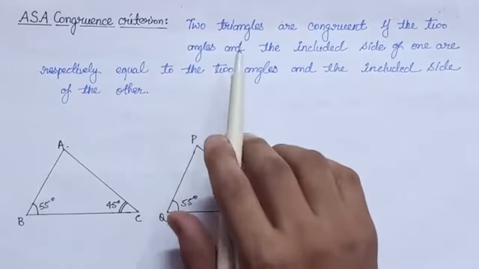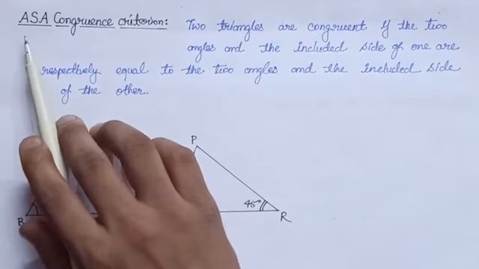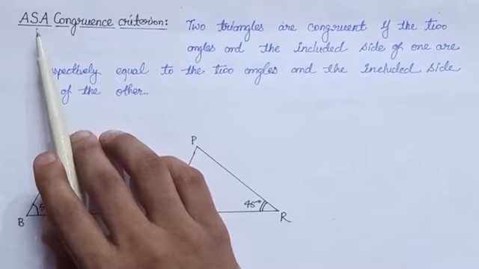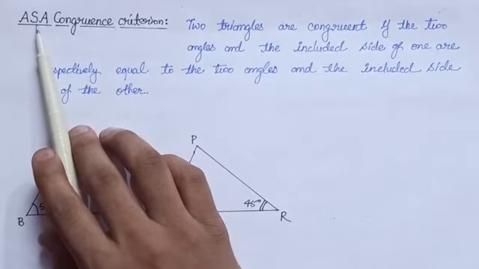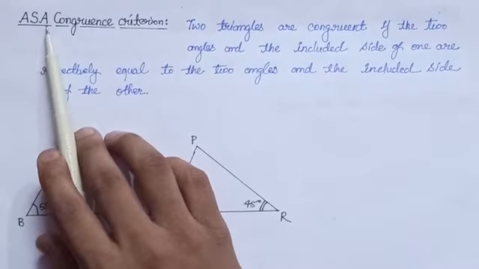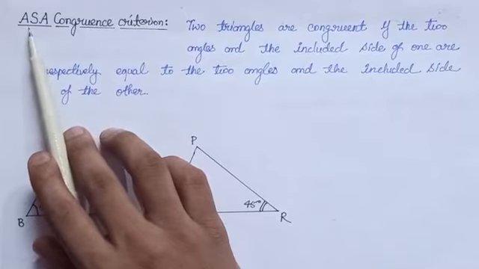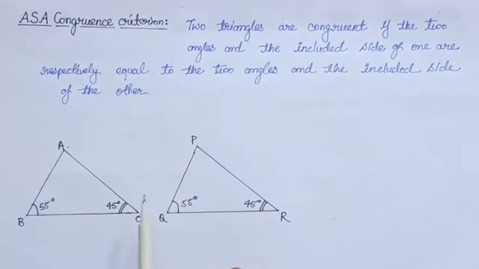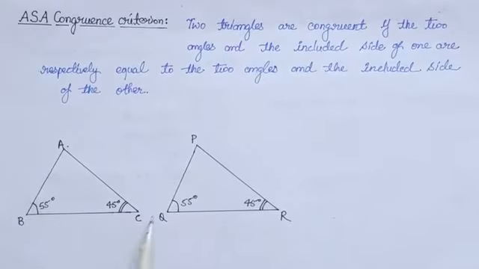Then we can say the two triangles are congruent by ASA criterion. Here we have to take that side which is included between the two angles of which the respective angles of another triangle are equal. Let us understand it with the help of two triangles ABC and PQR.